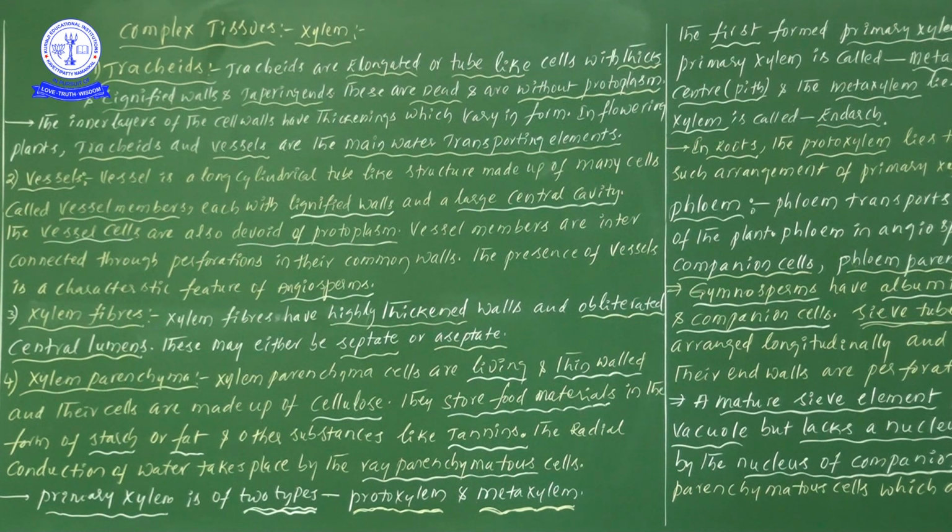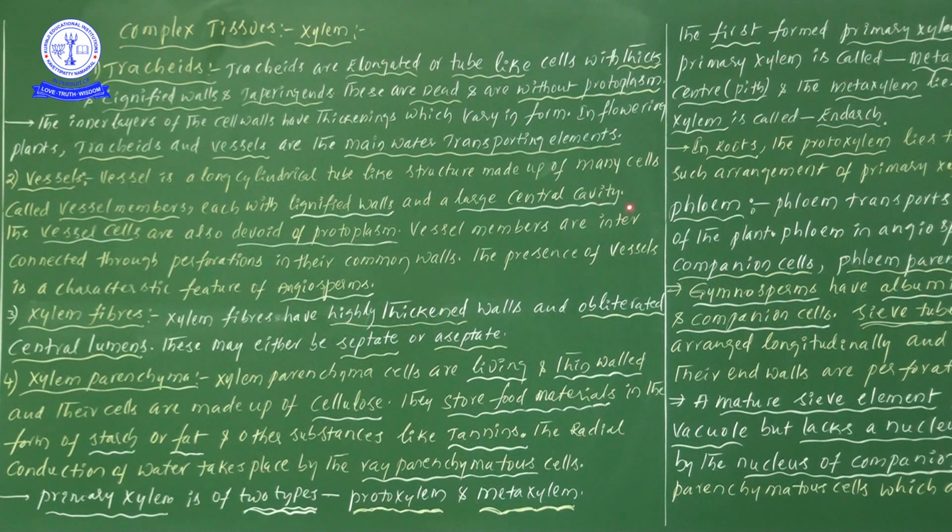Next, in vessels, lignified walls are there, but even though they are there, when compared to the tracheids, very thin cell walls can be seen in vessels. That's why we can find a large central cavity. The central cavity is more than in the tracheids.